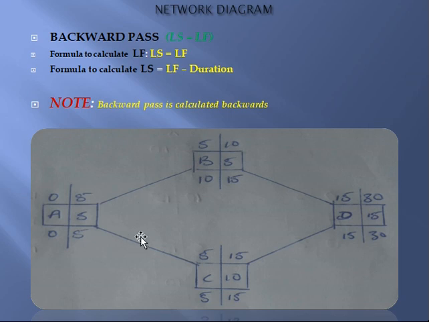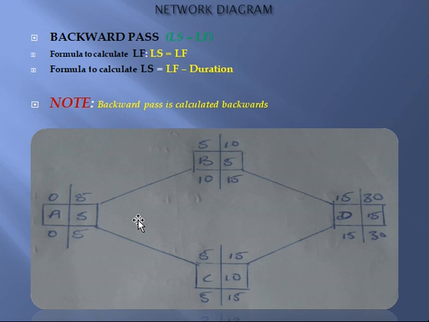To get the late finish for activity A, you simply take the lowest late start between activity B and activity C. B is 10, while C is 5. The lowest between the two is 5. So you take 5 as your late finish for activity A.